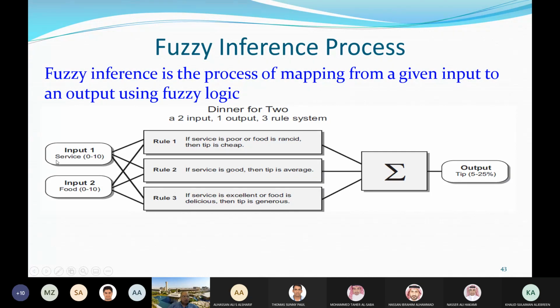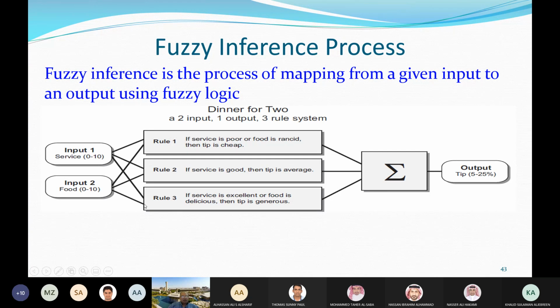Your variables here are surface and food. Surface, you give evaluation between 0 and 10, and then we fuzzify, and then we calculate the rules, and then we defuzzify later. And the food also, quality of the food, is it delicious, is it poor, and so on.